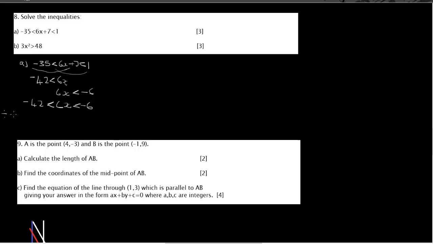And so you've got 42 and 6's, so we can divide through by 6. Minus 7 less than x, less than minus 1.